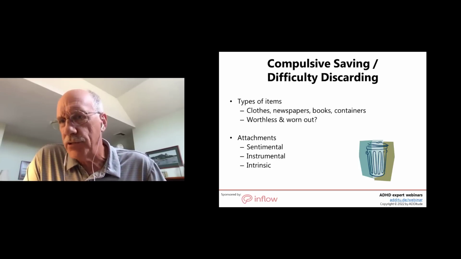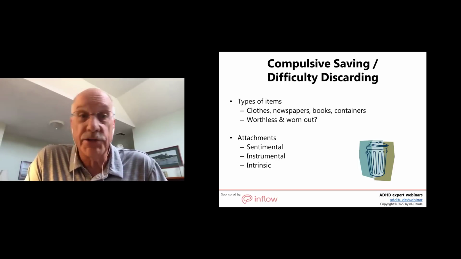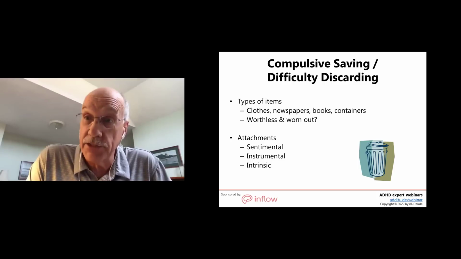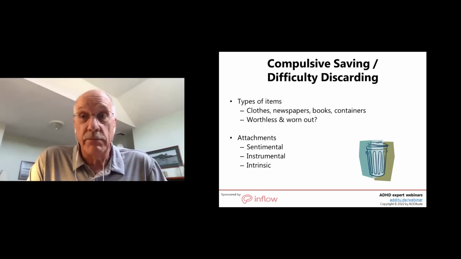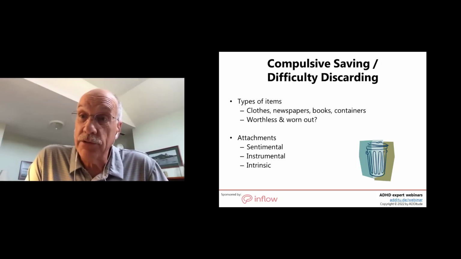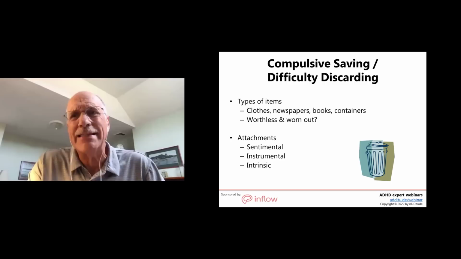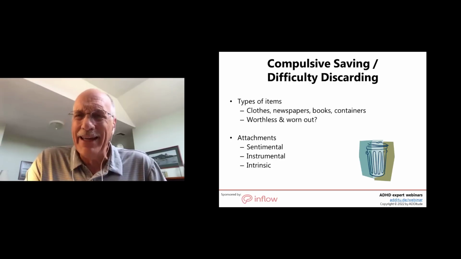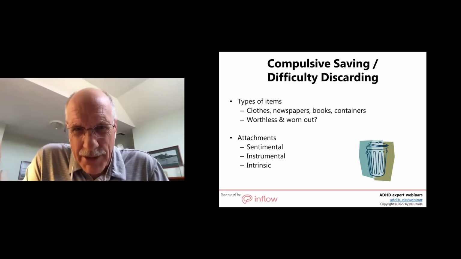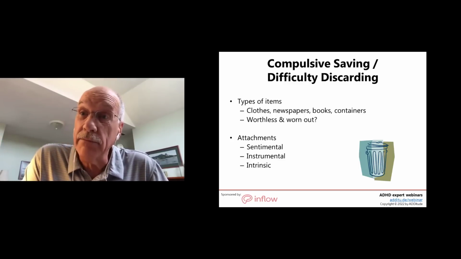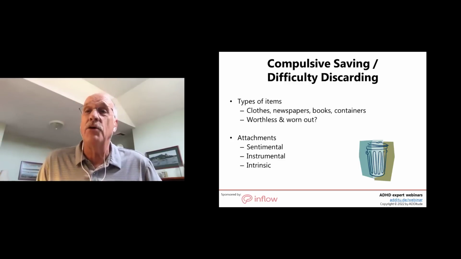And although she wasn't an artist and didn't have a project in mind, she said, I'm saving them for my son's art teacher. But her son's art teacher didn't ask her to and didn't even know about this. But she could see a use for something. And if she got rid of it, she said, she would feel guilty for wasting it. So again, it's a second kind of motivation.